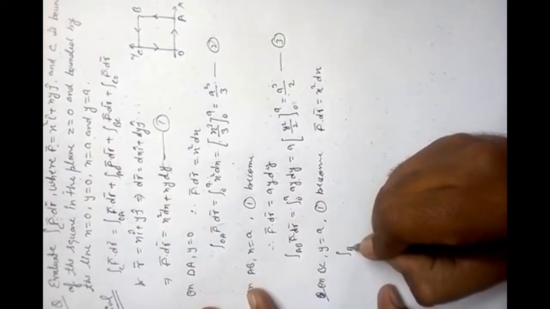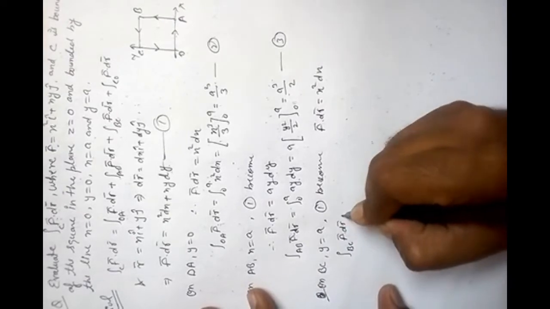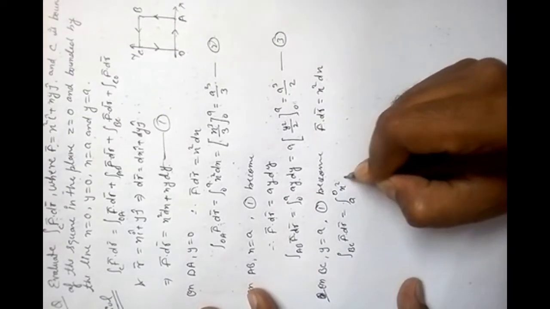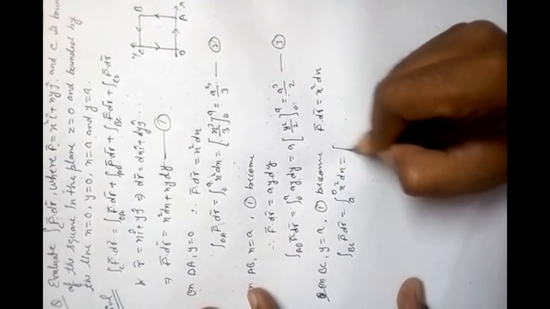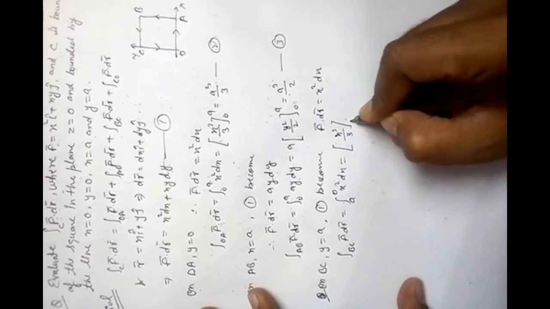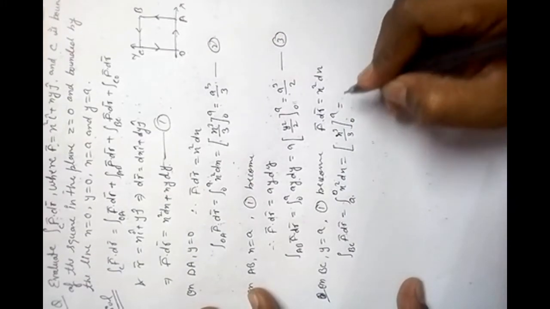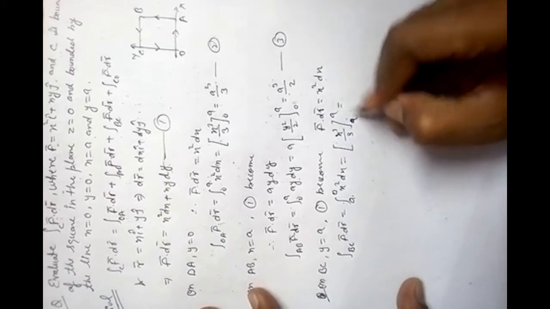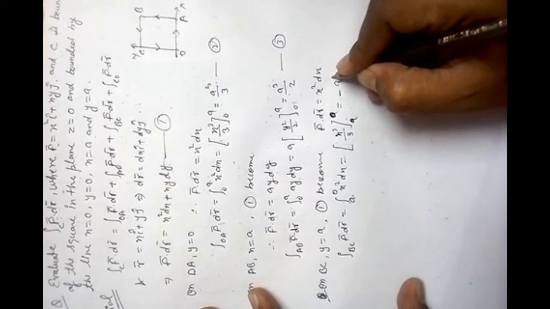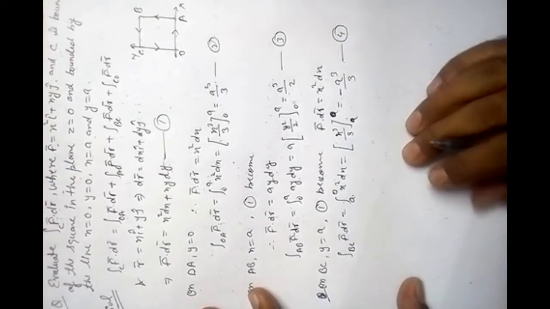So integral BC f dot dr is equal to integral a to 0 x square dx, that means x cube by 3, and limit a to 0, so minus a cube by 3, equation 4.